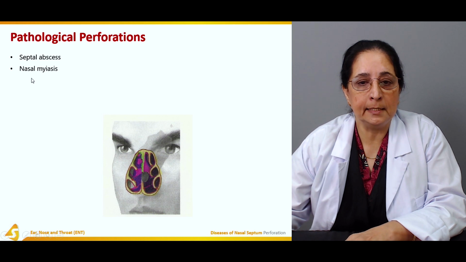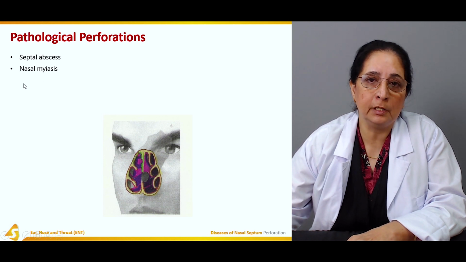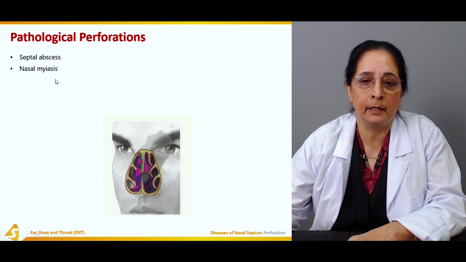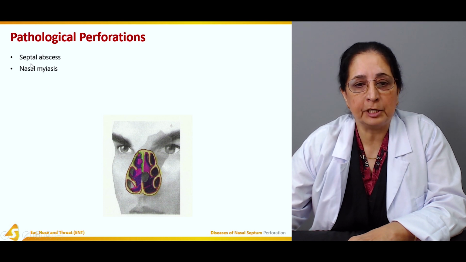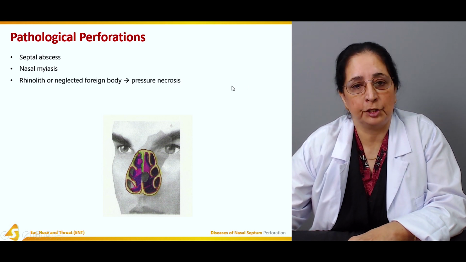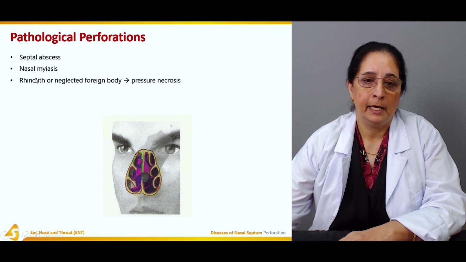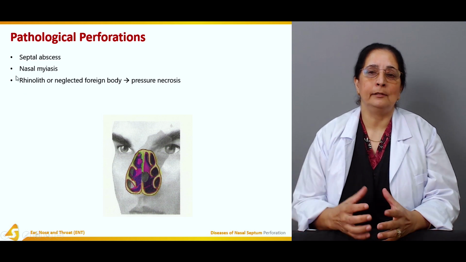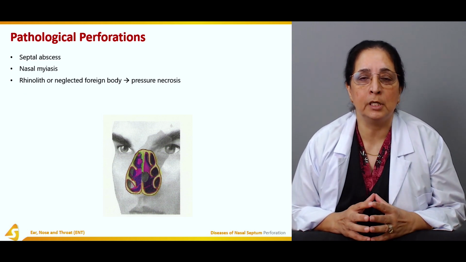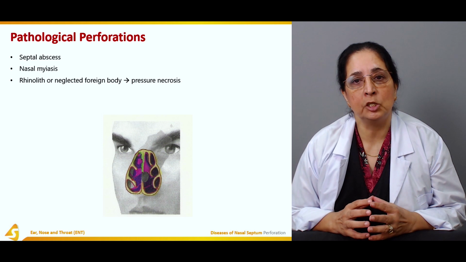Then we have the nasal myiasis condition, which is a fungal infection of the nose, can also lead to perforation. Rhinolith or neglected foreign body pressure necrosis. Rhino is the term used for the nose, lith is the stone.